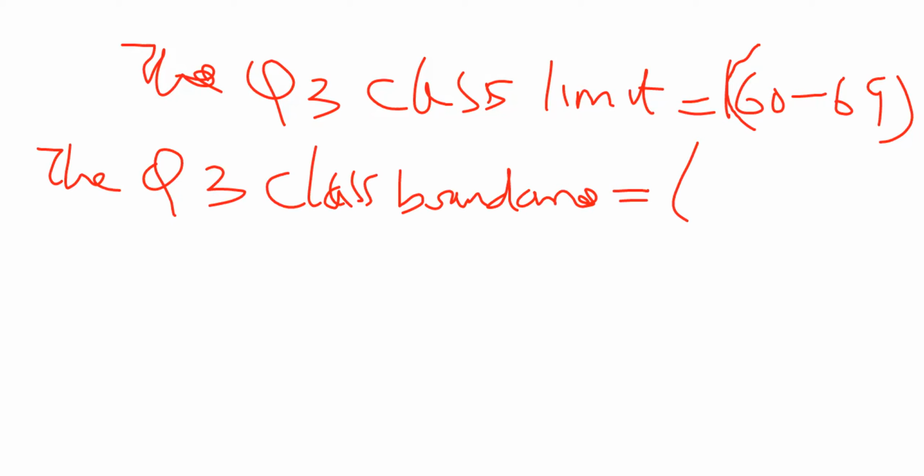If the class is in decimals, say one decimal point, like 60.1 and 69.2, we would subtract 0.05, two decimals, to change from class limit to class boundary. But this is a whole number, so we subtract just one decimal point. So here will be 59.5 to 69.5. Any questions so far?